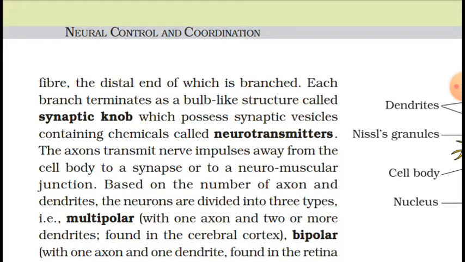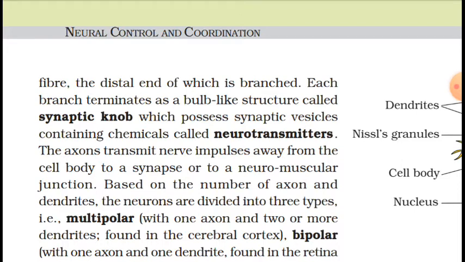A synapse is actually a physical gap between two sequentially arranged neurons. But here, these chemicals known as neurotransmitters are secreted, so they are physically not in contact, but chemically they are in contact with each other by secretion of neurotransmitters.